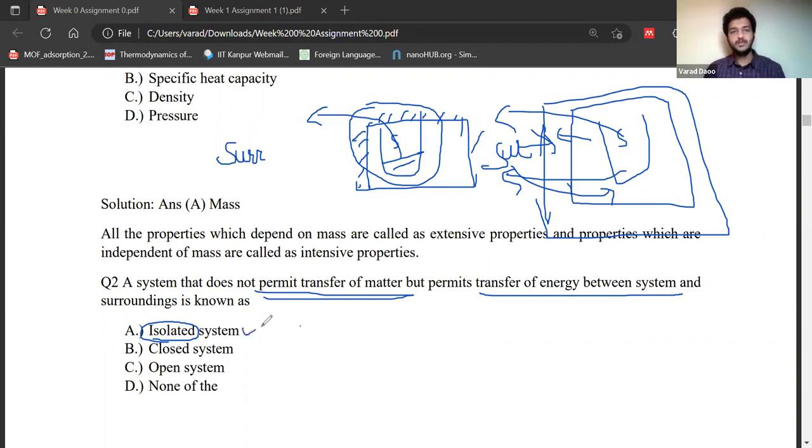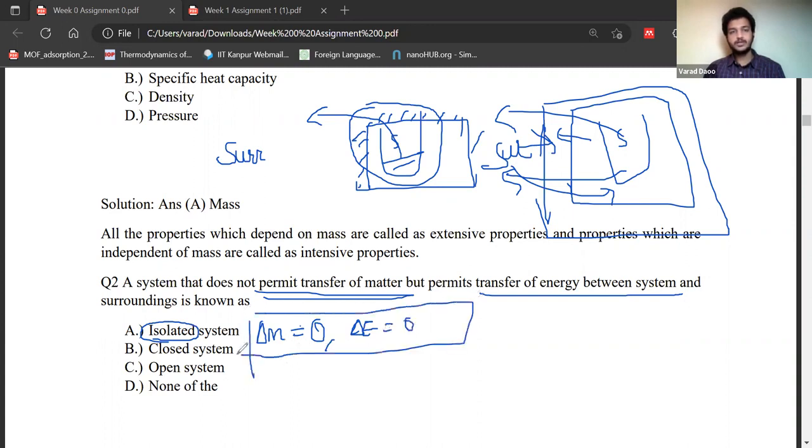So an isolated system is one in which delta M equals 0 and delta E equals 0. Here E stands for energy. So this is an isolated system.